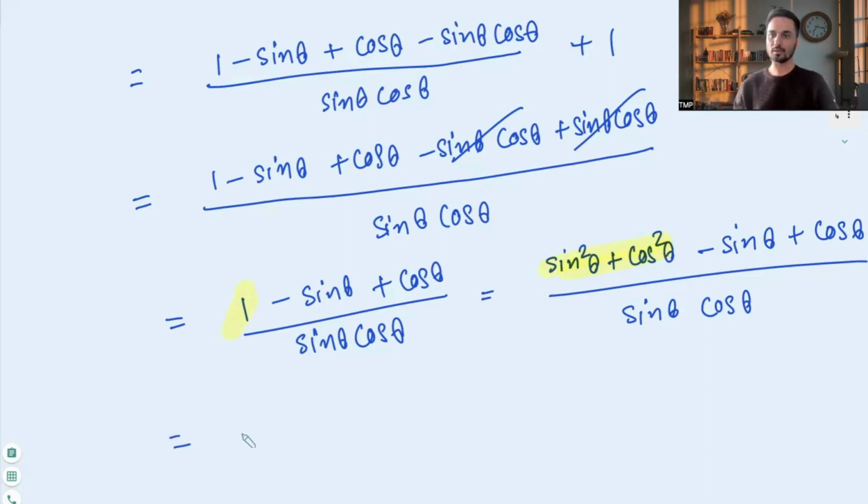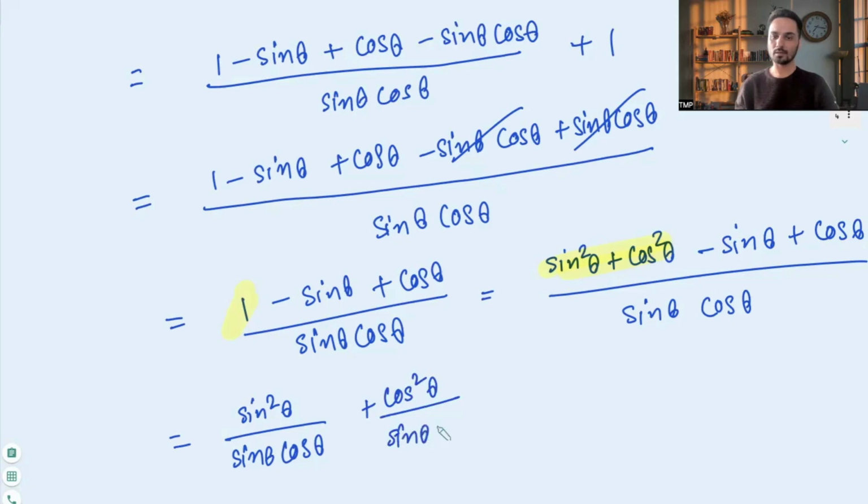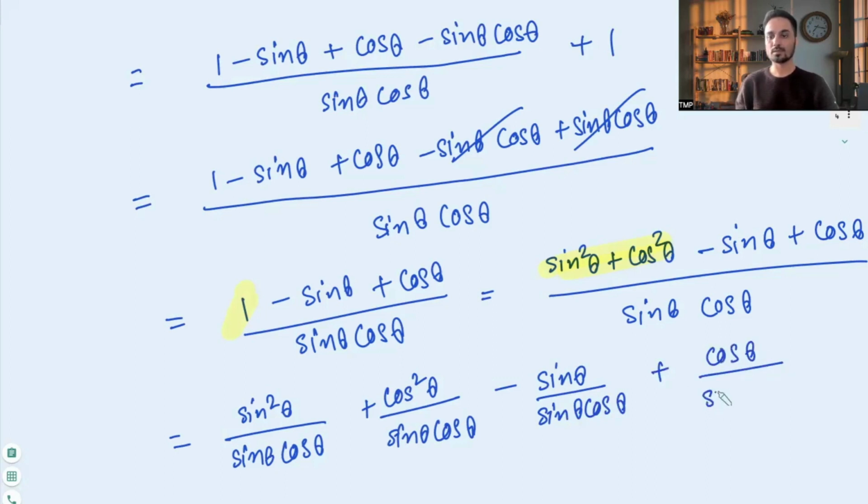And now splitting all the terms, we will get sine square theta over sine theta cos theta plus cos square theta over sine theta cos theta minus sine theta over sine theta cos theta plus cos theta over sine theta cos theta.